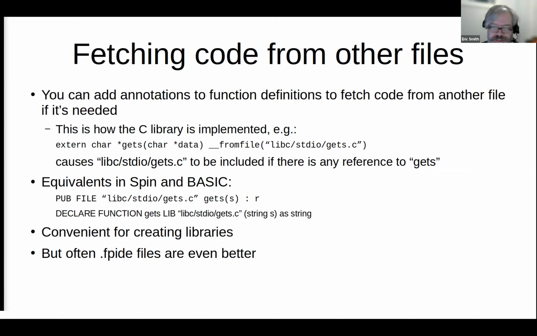This is the way that FlexSpin internally implements the standard library. You only pull in the files that you actually use, so it makes the compilation a little bit faster. But it is awkward having to add all these from file declarations to everything you might want to use. So in a lot of cases, it's easier to just use an FP IDE file.